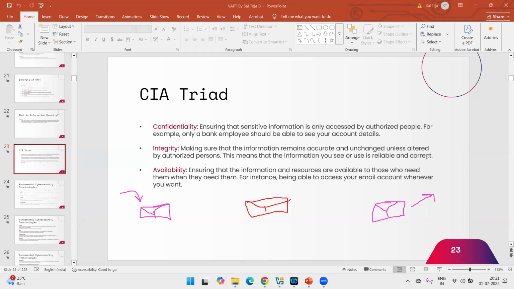Now, how do we implement this? Maybe I'll take one example. In our older days, in the same mail, there was something called a seal. They used to seal it. Do you remember that?